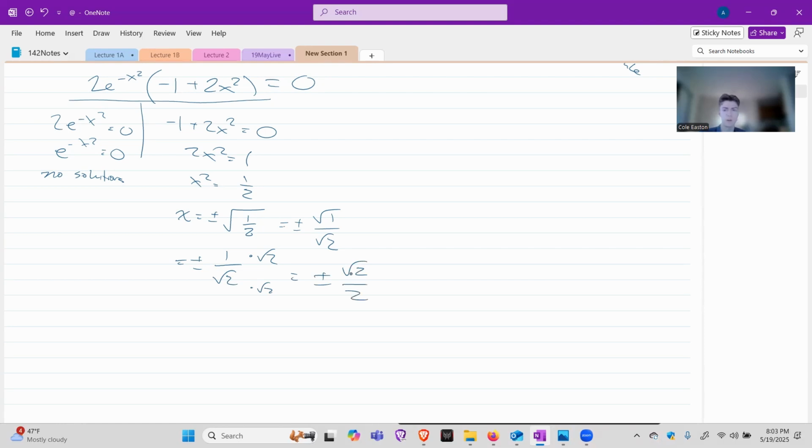So if we draw our number line here, we have two roots. One of them is -√2 over 2. And one of them is √2 over 2. And so we have to pick a number in each of these intervals. So I'm going to pick 0 here.